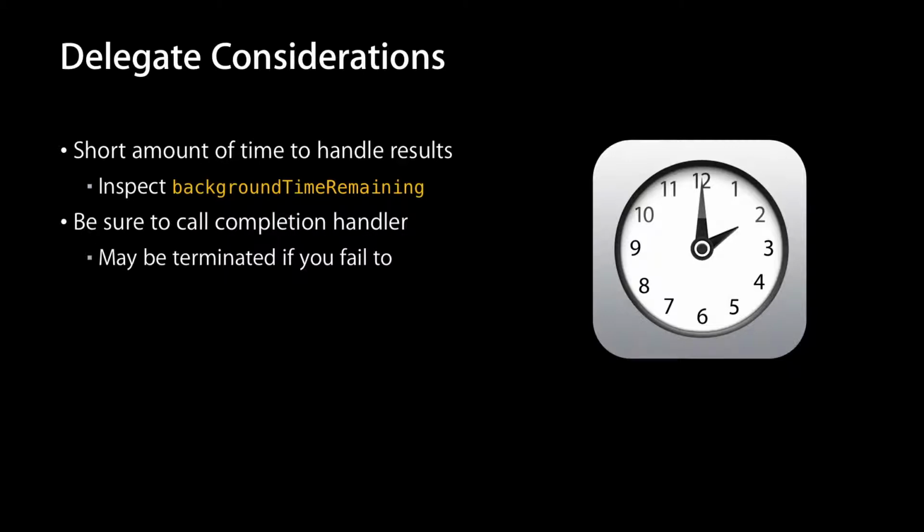And that completion handler that I mentioned that was passed into the delegate, it's critical that you call it, and you call it as soon as possible. Because if you don't call that, indicating that you're done handling the results of the transfer, then iOS may terminate your app. And this is very similar to if your game doesn't launch or suspend or resume fast enough, the iOS may terminate the app because it's taking too long and it may be stuck.